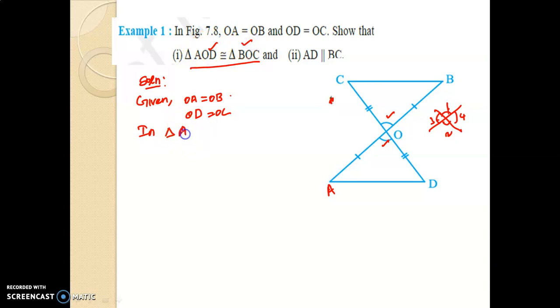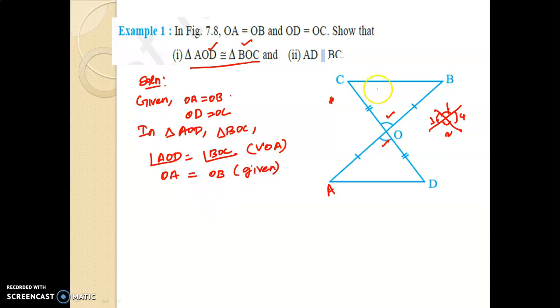So in triangle AOD and in triangle BOC, angle AOD equal to angle BOC from the diagram, because they are vertically opposite angles. When you are writing in your classwork, write the full words vertically opposite angles, don't write VOA. Here I have written it shortly. Next, OA from triangle AOD equal to OB from triangle BOC, that is given.